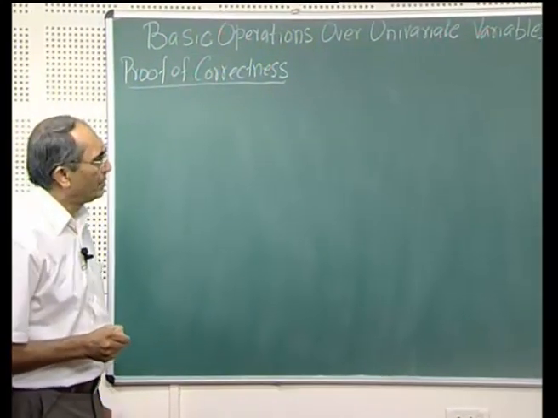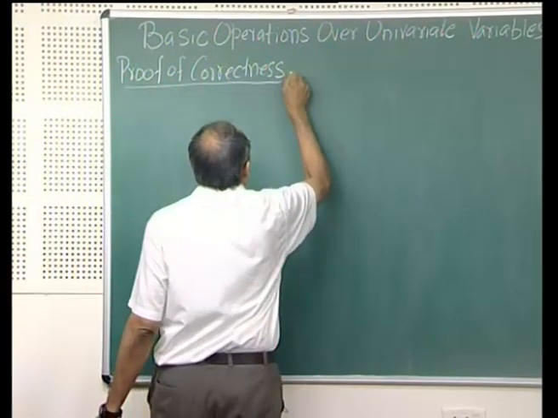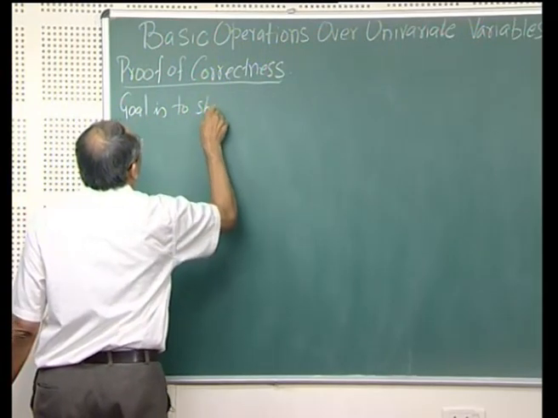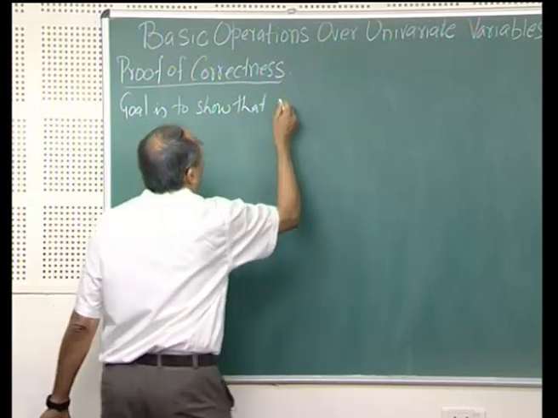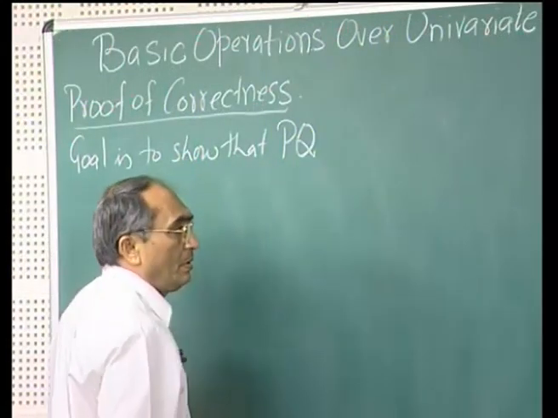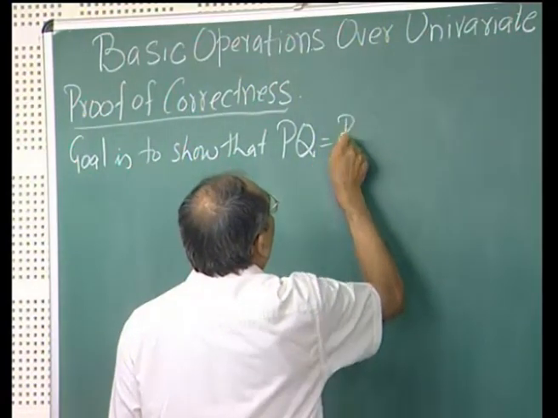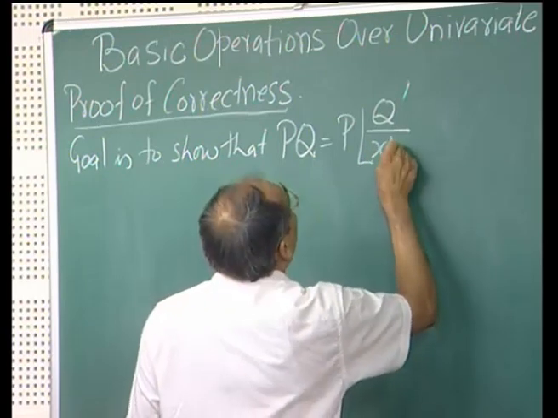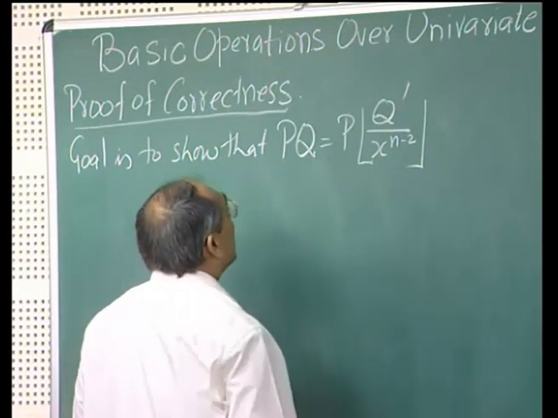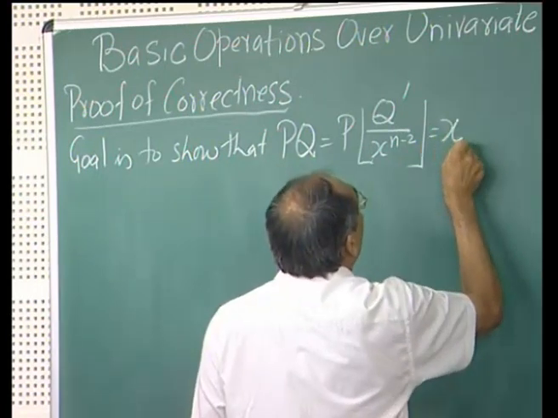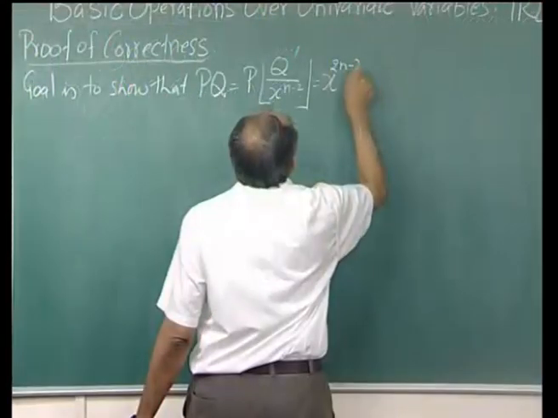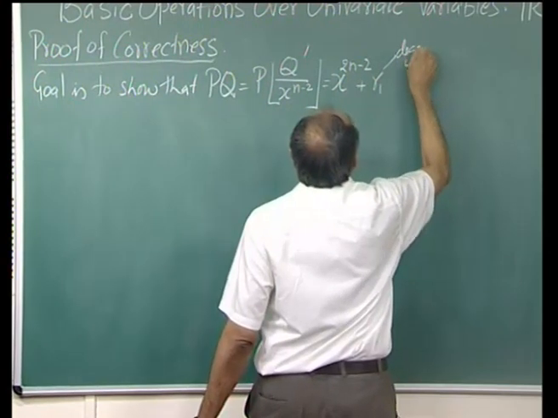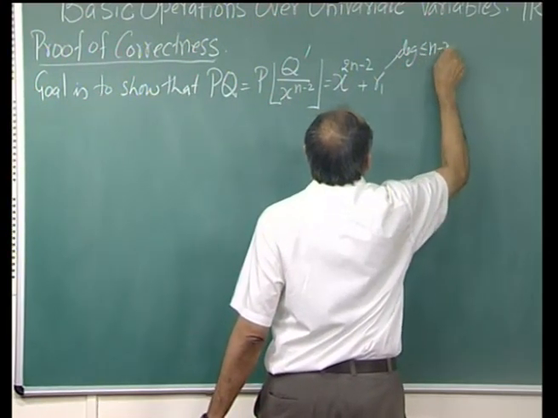Our goal is to show that PQ', which is the same as P floor Q' by x to the power n minus 2, is equal to x to the power 2n minus 2 plus R1 with degree less than or equal to n minus 2.